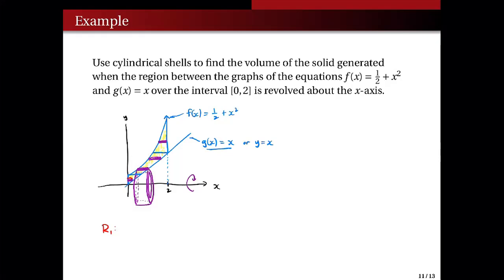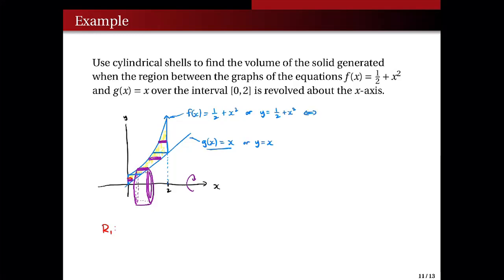In here, let me change this, the function f of x. You have y equals 1 half plus x squared. But since we are doing horizontal strips here, we need x in terms of y. So we have to rewrite this.